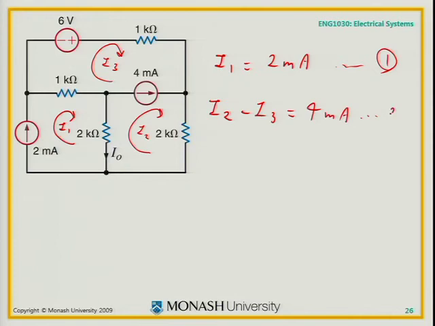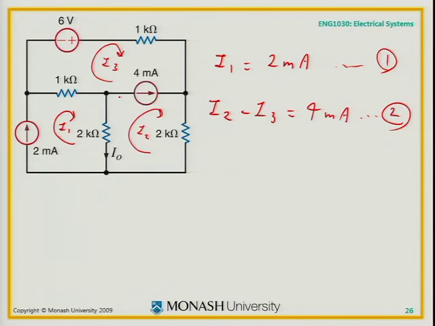There's the one common to two meshes. Just like if there was a voltage source between two nodes, we might say V1 minus V2 equals 6 volts. Well, here, 4 milliamps is common to two meshes. If I said what's the current in that direction, you'd say I2 minus I3, and we know it's 4 milliamps. There's our second equation. We only need one more in terms of I1, I2, and I3.